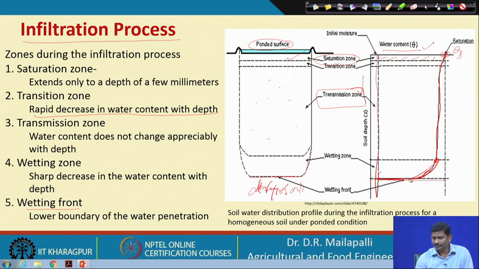This zone is called the wetting zone, and this is the wetting front. The wetting front moves slowly, based on the water input. The moment you stop the water, the wetting front moves further and then stops.